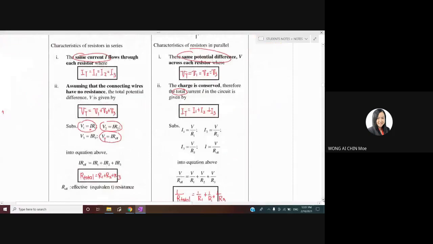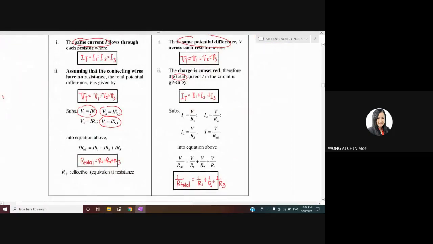If the charge is conserved, therefore the total current in the circuit is I total equals I1 plus I2 plus I3. We total up because it splits, and after that it will combine back and flow back to the negative terminal. So this is I for parallel. Similarly, if you want to find I1, you must use V over R1, where V is constant because V is V total.